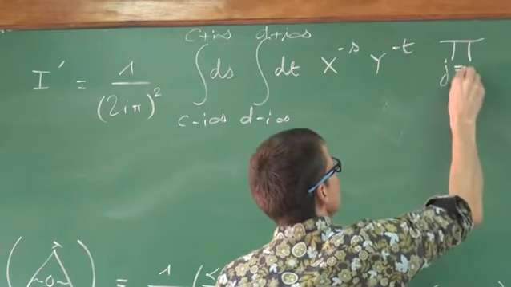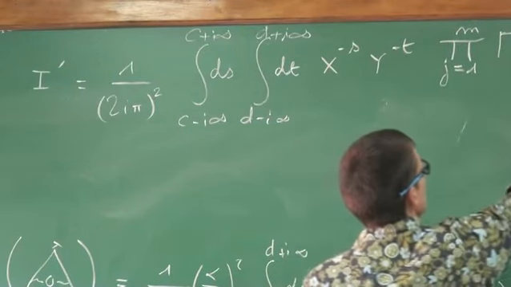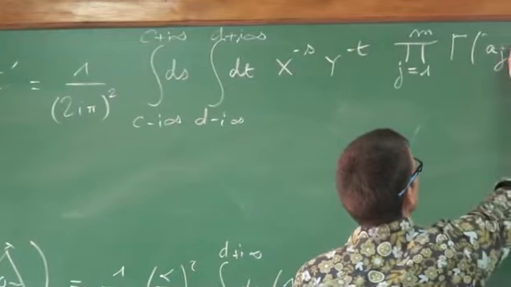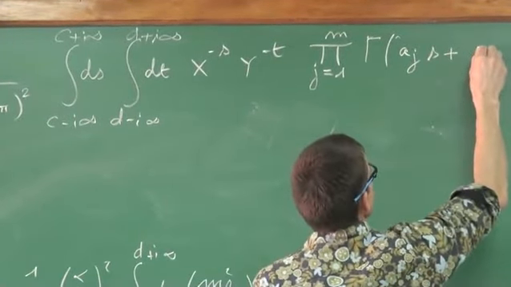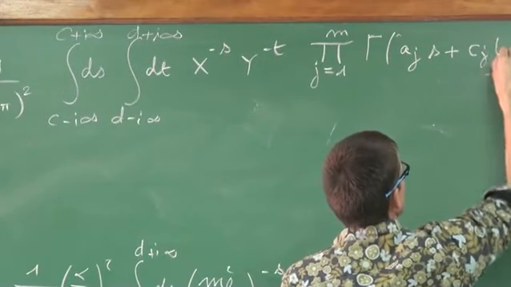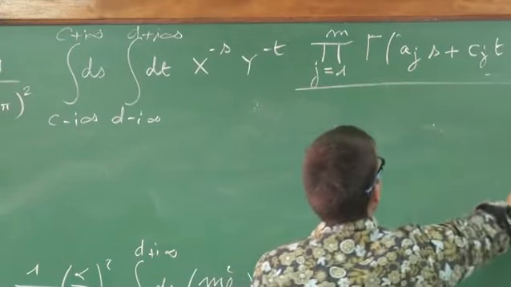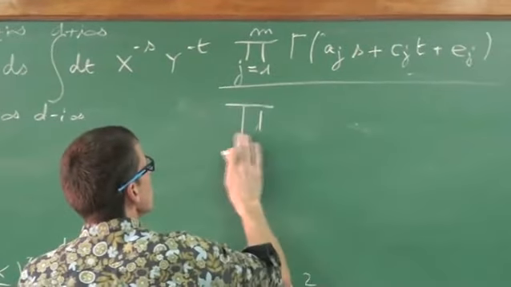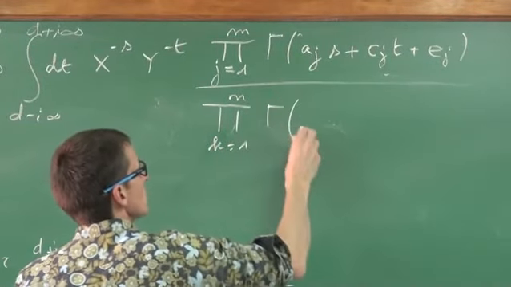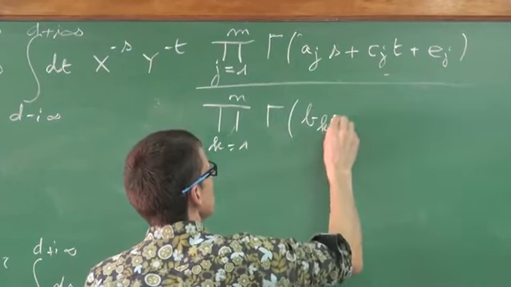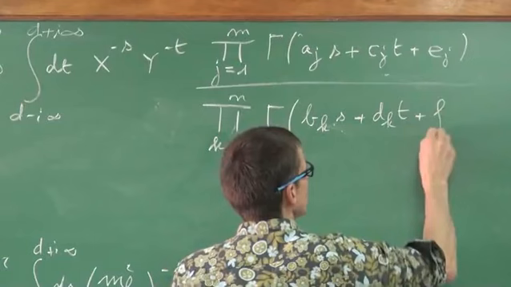Well, our product now is of gamma functions having two coefficients, a_j s plus c_j t plus b_j, divided by the product for k equal 1 to n of gamma of b_k s plus d_k t plus f_k.